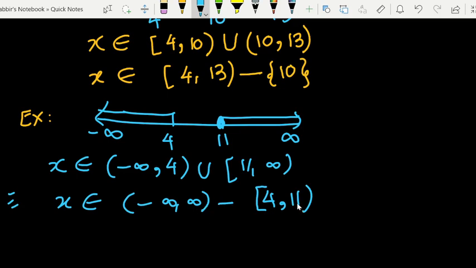So it means 11 is there in the solution: minus infinity to infinity minus 4 to 11, because for 11 we put an open bracket. So always remember that in these kinds of inequalities, if here it is open, while doing minus we have to put close. If here it is close, we have to put open here.